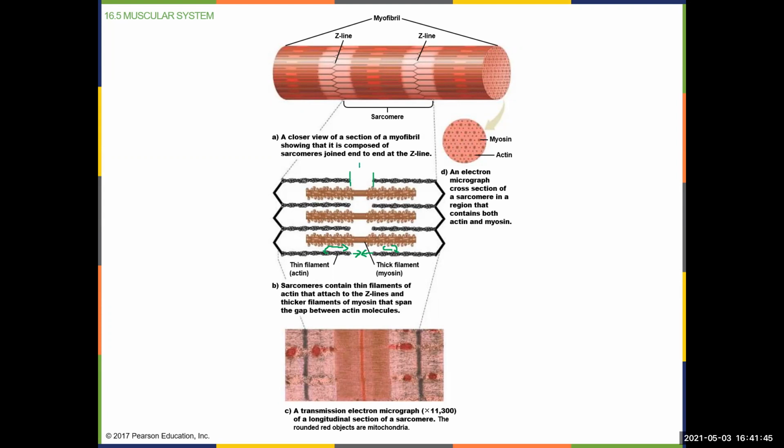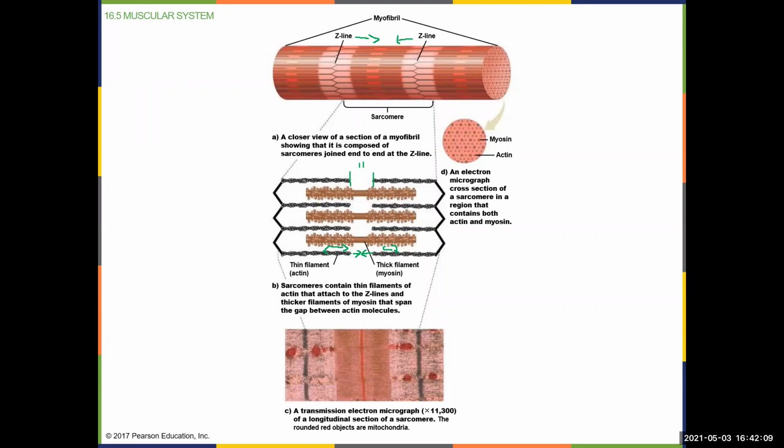When they contract, the gap will close, right? And so it will shorten the space in between that gap, okay? And so you do that for every sarcomere unit, you get a bunch of little contractions, ends up with a big contraction.